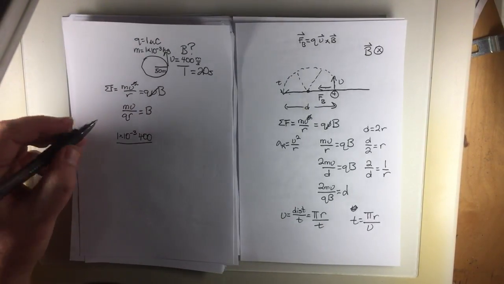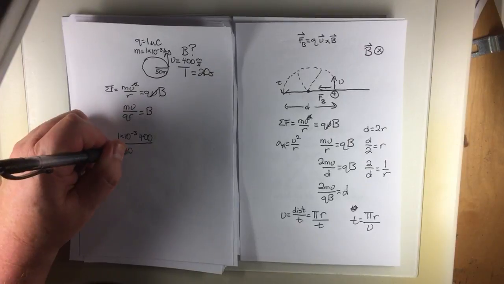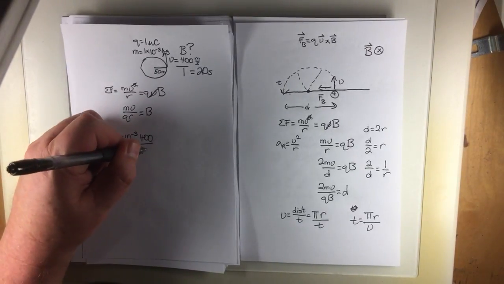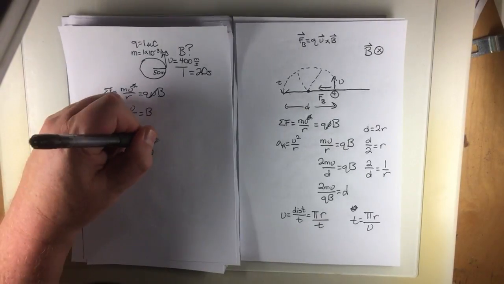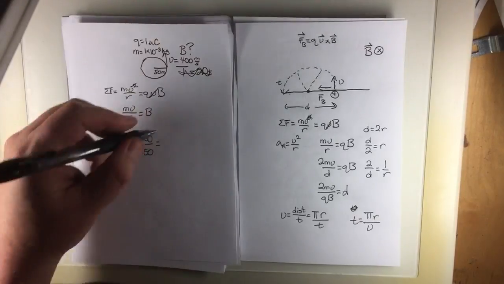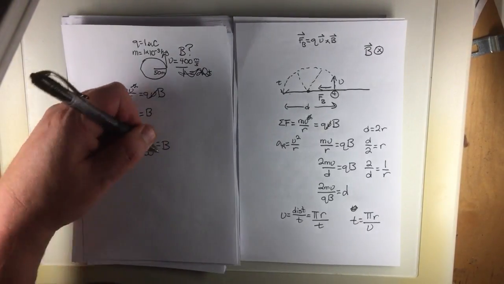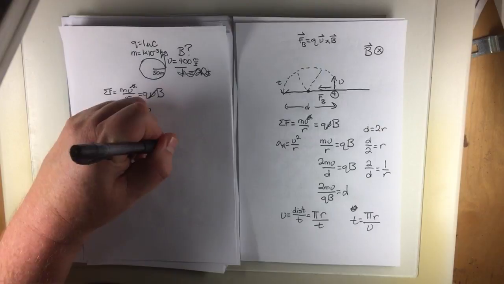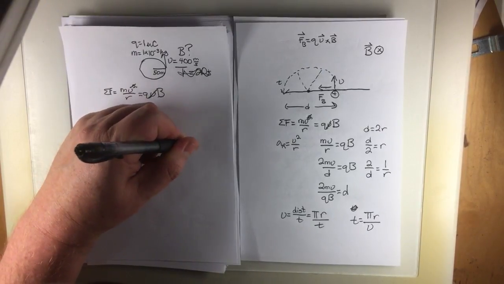Q is 1 times 10 to the negative 6. R is 50. And that gives you, we may not need the period. That gives me a B field of something like 8,000 Tesla, which is really high. I'll try to make the numbers a little bit more sensible.